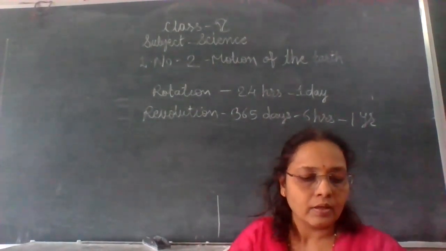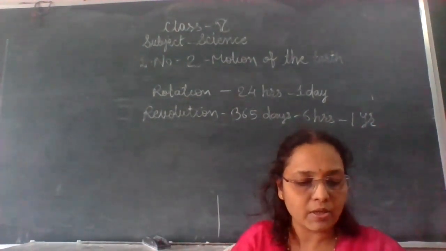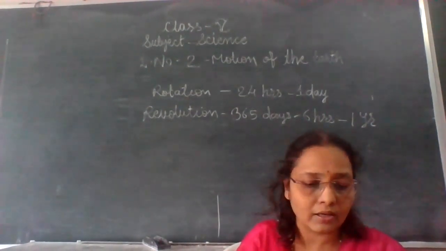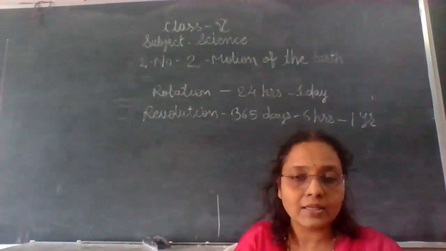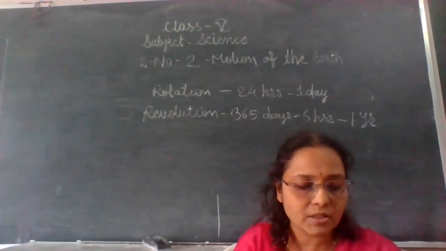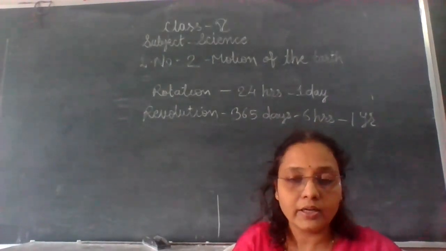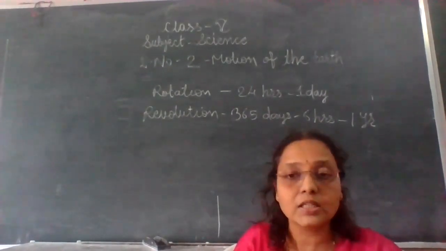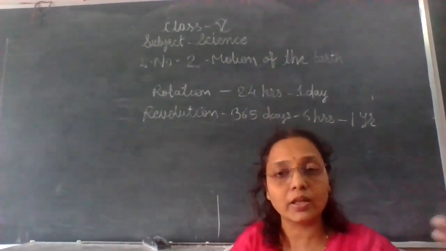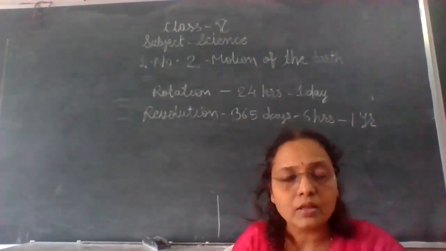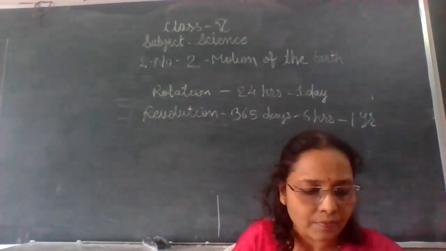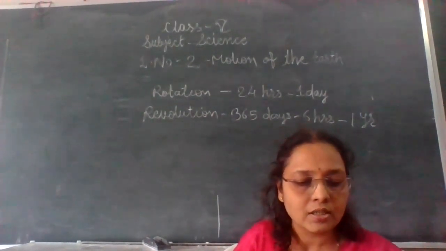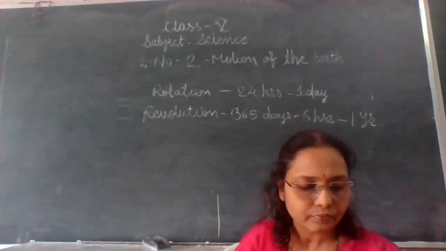Whereas in the southern hemisphere, the nights are longer than the days. The earth gets less heat in these parts and therefore it is considered winter in the southern hemisphere. When it is summer in the northern hemisphere, winter is considered in the southern hemisphere. This is due to its revolution.